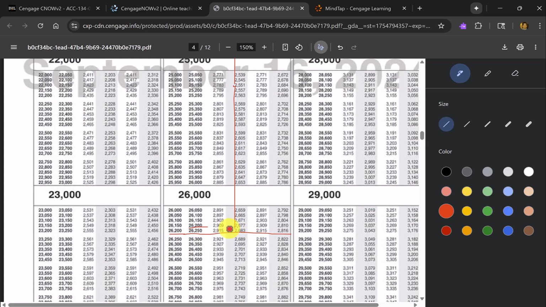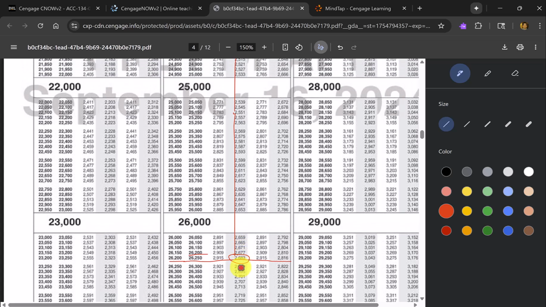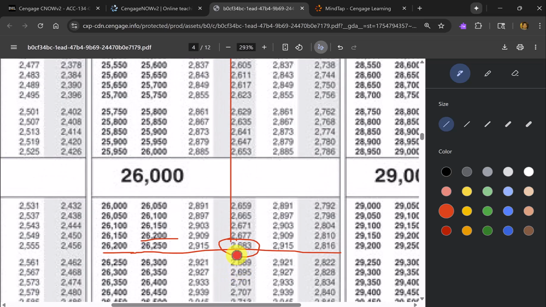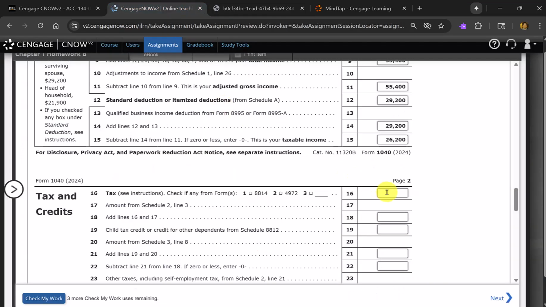So right here, the intersection of the taxable income row and the filing status column. Let me zoom in here. Kind of blurry. 2683. 2683 is our tax liability for the whole year. Let me copy that because it'll go down here in line 18.